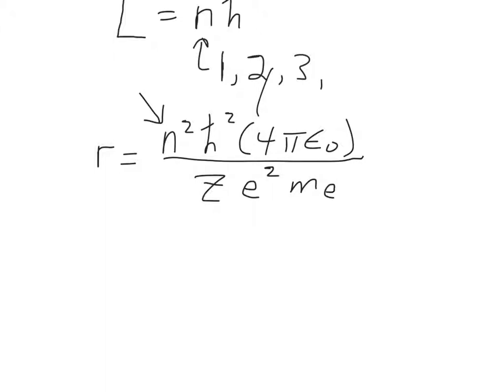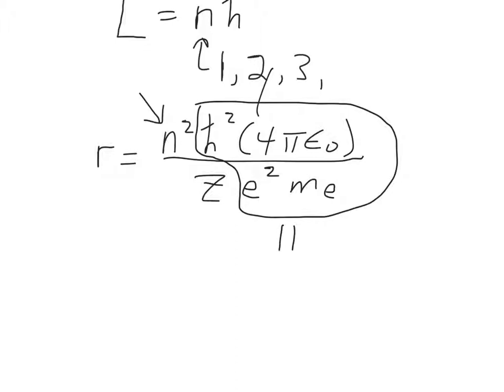When n equals 1, and specifically with z equal to 1, we're talking about this big complicated part of this expression. That would be the radius of the lowest energy level, n equals 1, of the hydrogen atom.